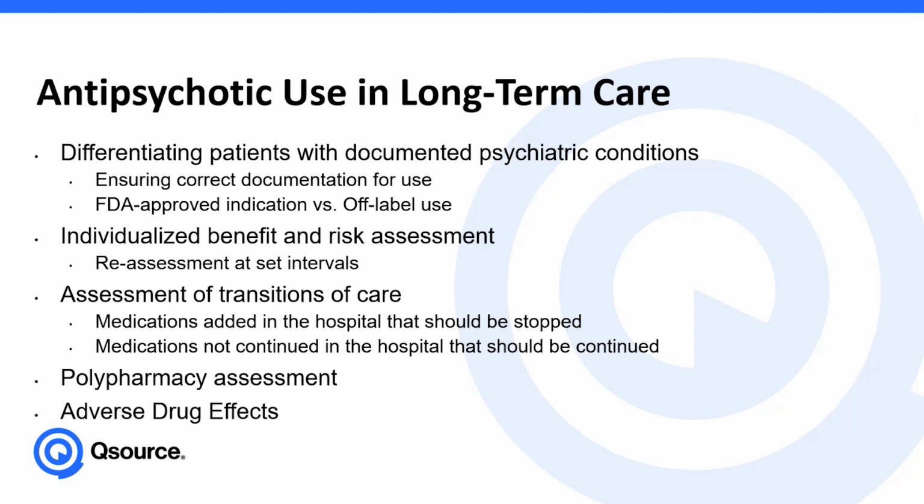And then we want to determine if there's benefit and risk for the use of the antipsychotic, and make sure that we're reassessing that benefit and risk as the patient gets more medically complex and so forth. We want to think about reassessing their risk and benefits like we would other medications, anticoagulants and so forth.